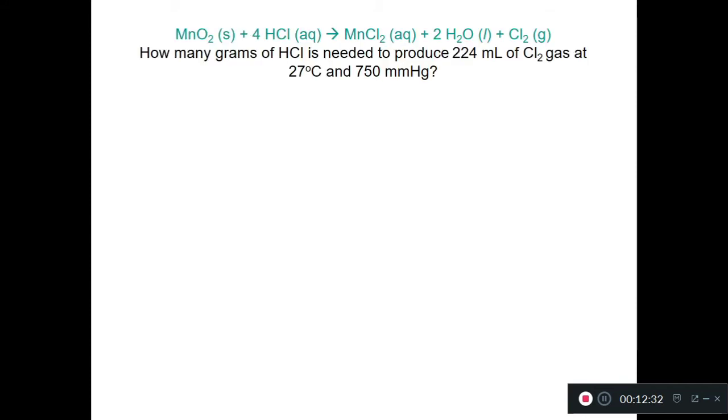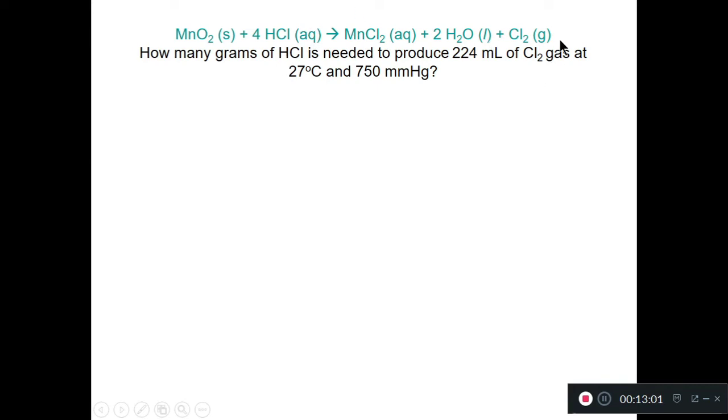So here's an example of a stoichiometric problem. How many grams of hydrochloric acid is needed to produce 224 milliliters of chlorine gas at 27 degrees Celsius and 750 millimeters of mercury? And again, I know that this is going to involve stoichiometry because they give me a chemical reaction and it's asking about a quantity of HCl, but it's giving me information about the chlorine gas.